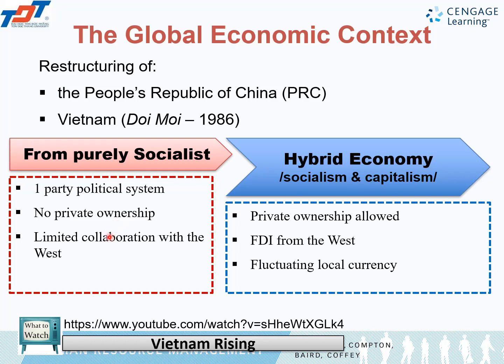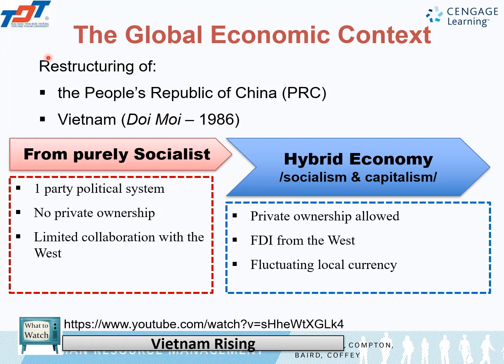Moreover, up until the end of the 1980s, there was a very limited collaboration with the West. And by the West, we're talking about Western Europe, of course, the United States, Canada, Australia, and most of the developed economies.